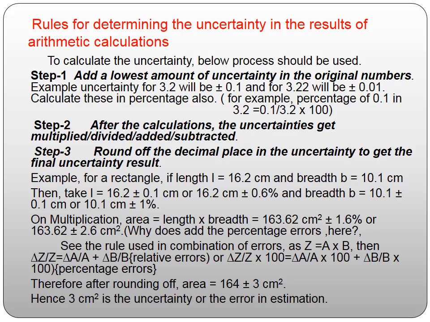Therefore, after rounding off, area is equal to 164 plus or minus 3 centimeter square. Hence, 3 centimeter square is the uncertainty or the error in the estimation.